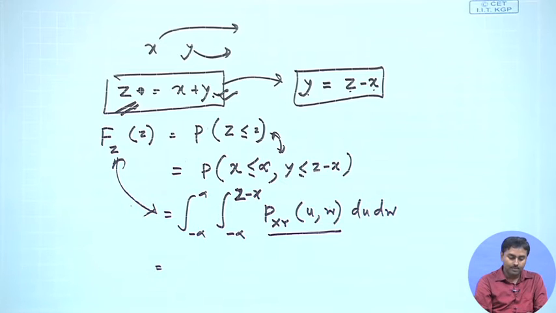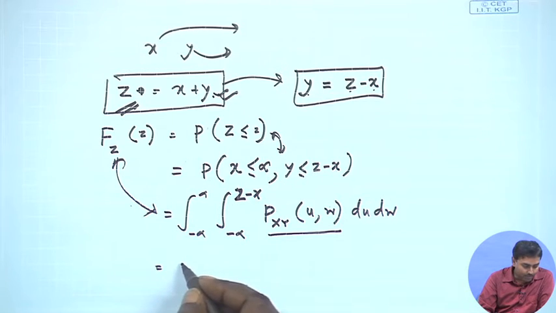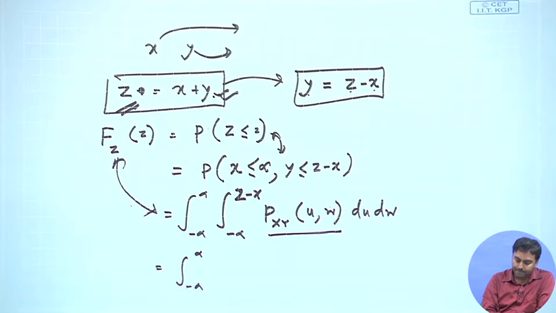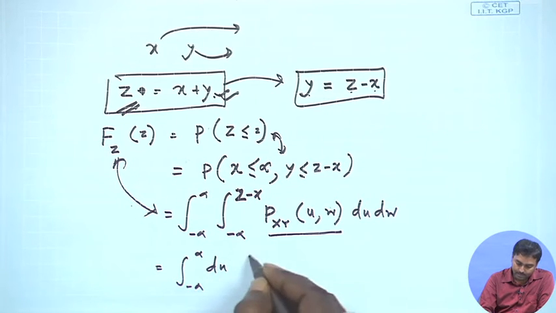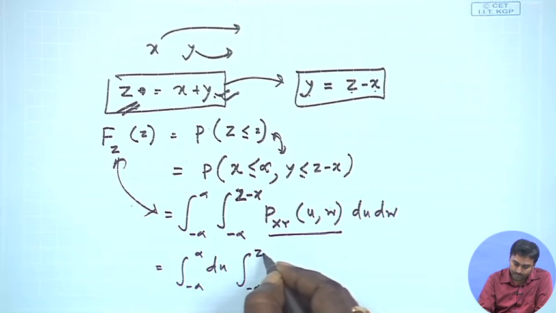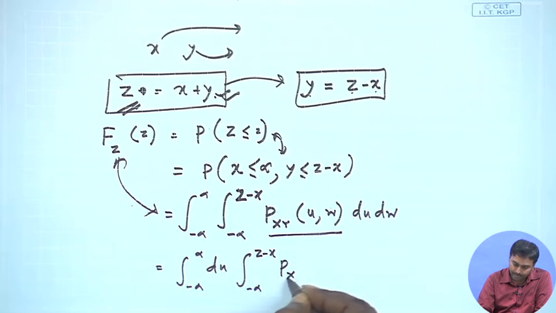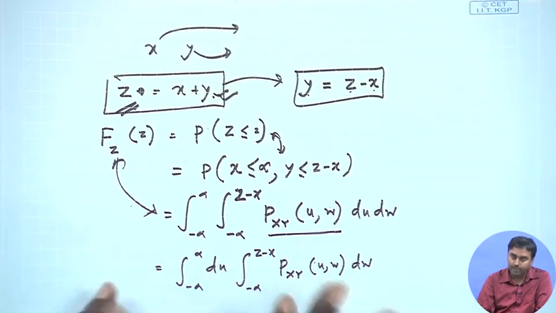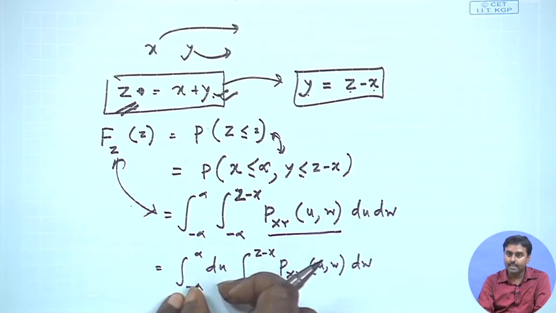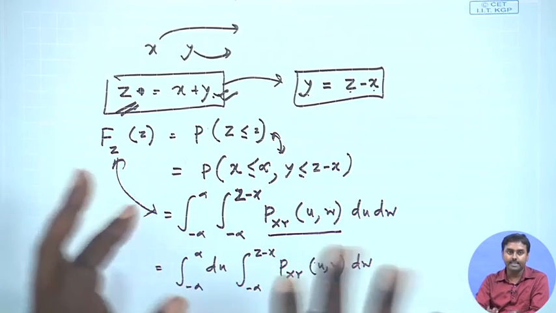Now, let us try to do something. I can write this from minus infinity to plus infinity, with du, and within that my integration from minus infinity to z minus x of p_xy(u, w) dw. I have not separated this integration, remember it is still an integration inside an integration, I am just writing it in this way.